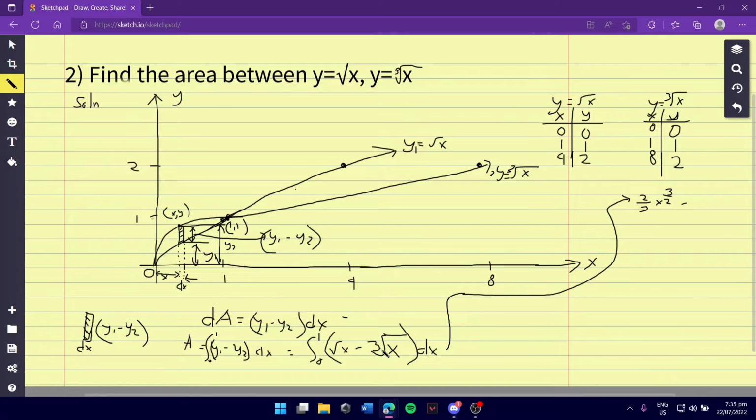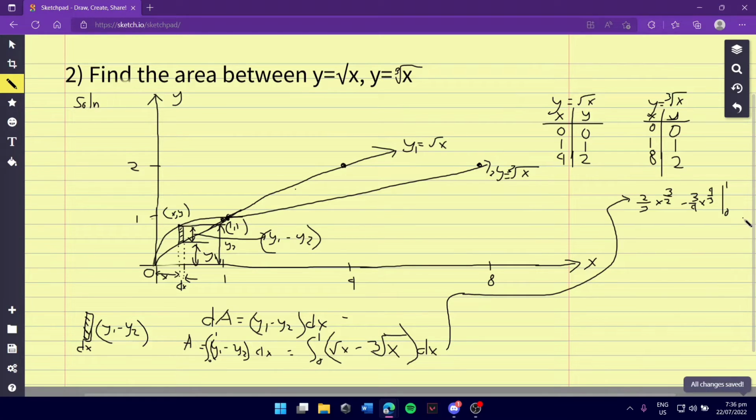So 4/3 x raised to 4/3 over 4/3 will be equal to 3/4 x raised to 4/3 with the limit from 0 to 1.